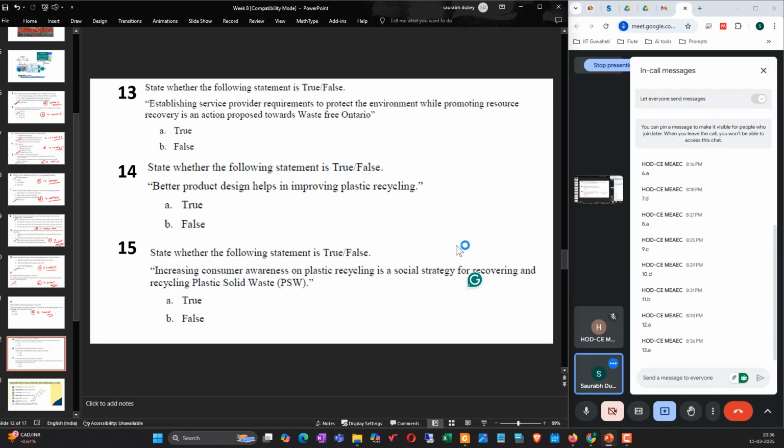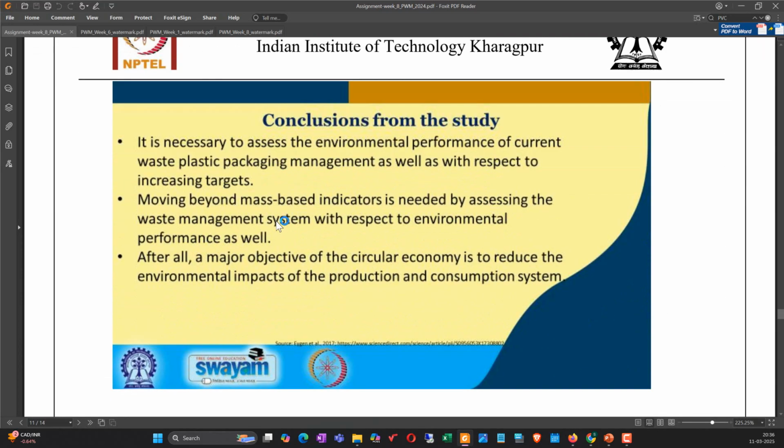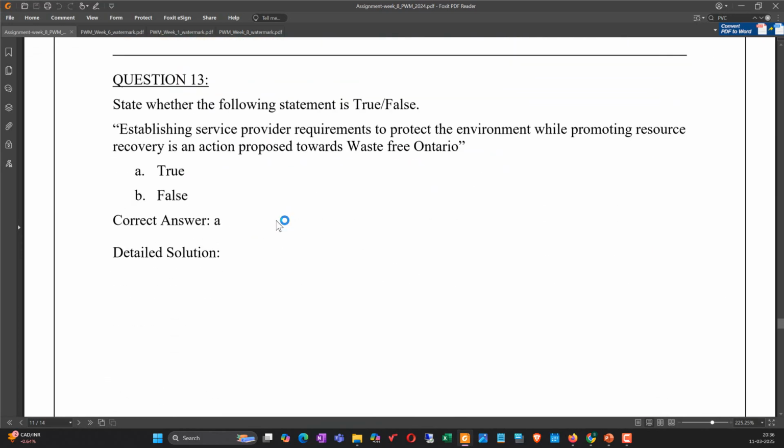So for the 13th, I attempted A, that this is true: establishing service provider requirement to protect the environment while promoting resource recovery is an action toward waste-free Ontario, right? Let us see the solution for the same. So the 13th is the correct one.